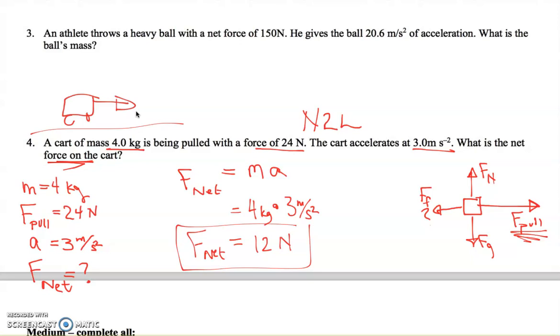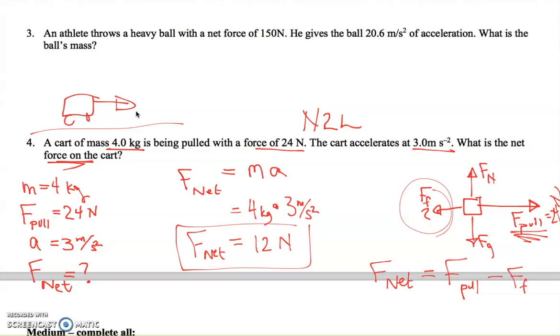Based on this information, though, you could tell me some more stuff about the forces on our object. Since we know the force pull is 24 newtons, you could then tell me what this frictional force is, because the net force, F net, in our problem here is equal to that pull force minus that friction force, because it's in the opposite direction.